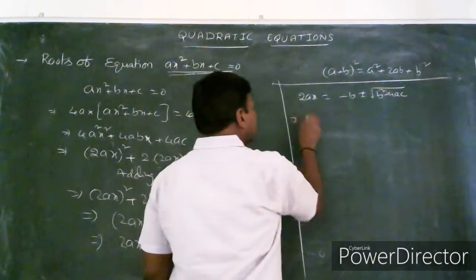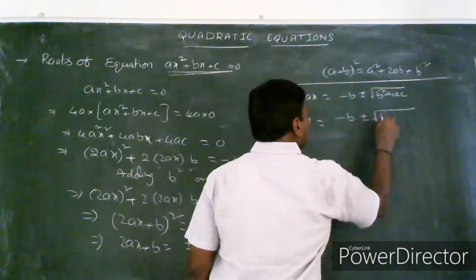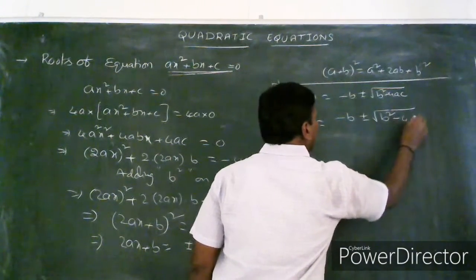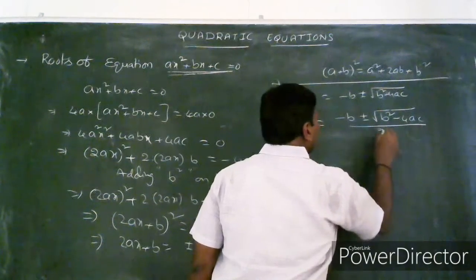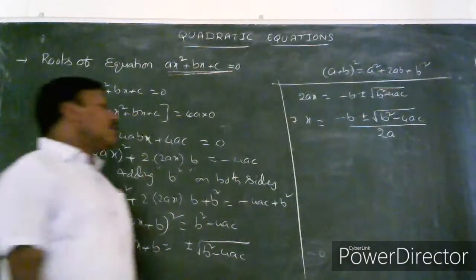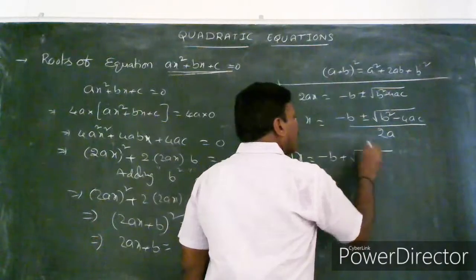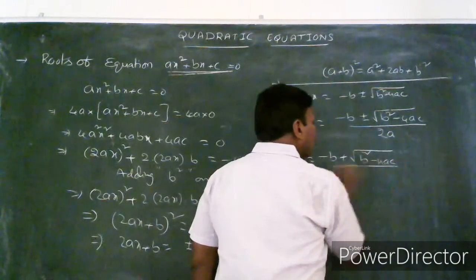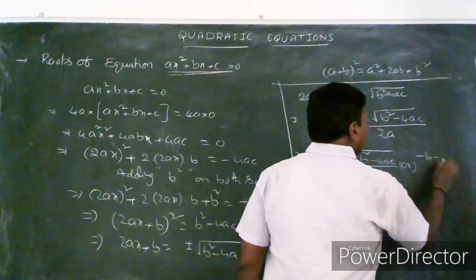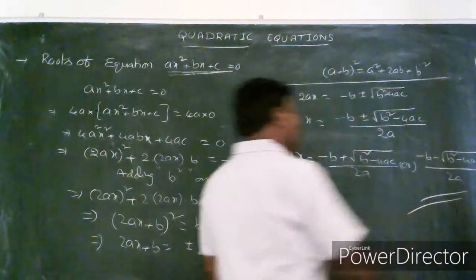That implies x is equal to minus b plus or minus root of b² minus 4ac, by 2a. So we get two values. One is x equal to minus b plus root of b² minus 4ac by 2a. Another one is minus b minus root of b² minus 4ac by 2a. These are the roots of the equation.